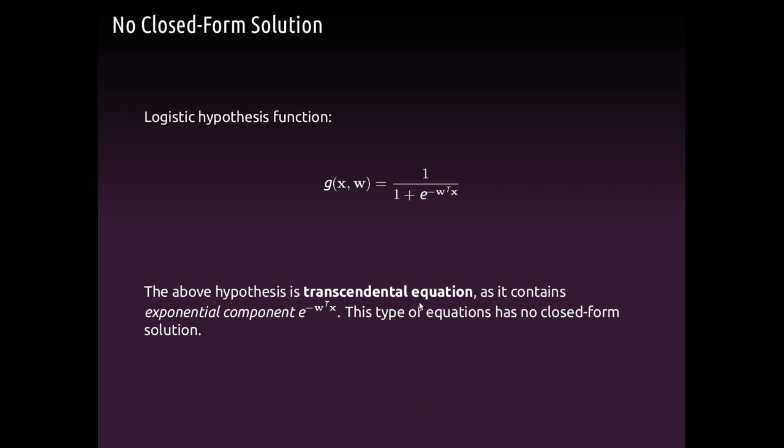Which means that it has no closed form solution because it includes the Euler number or the exponential component e to the power of minus w transpose x, and because this is an approximate value, accordingly there is no closed form solution for this class of equations. So in general there is no closed form solution for the cost function of the logistic regression model.